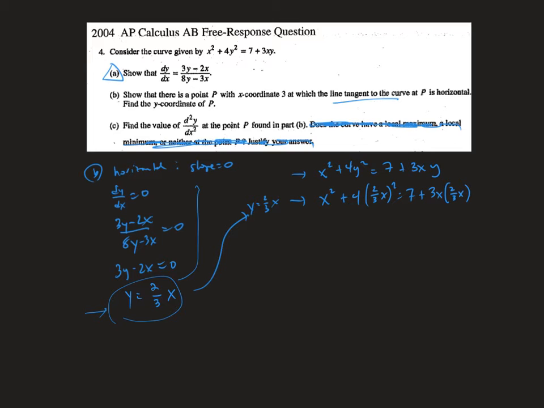So let's see. We've got x squared. When I square 2/3 x, that would be 4/9 x squared. So this would be 16/9 x squared equals 7. And this would be 2x squared when I multiply it out. So I'm going to combine the x squared terms.